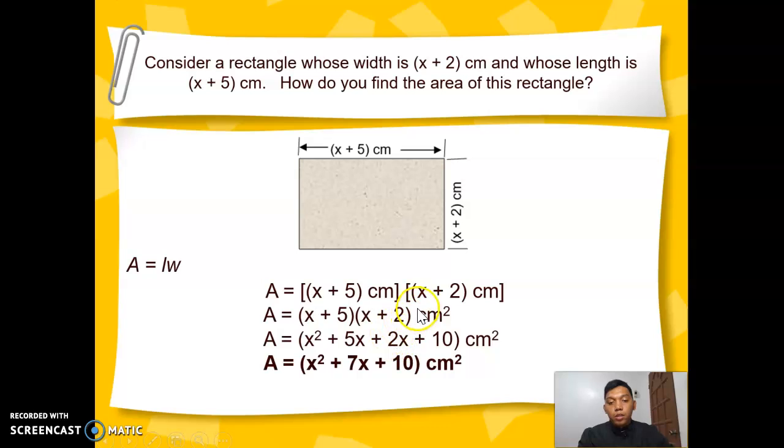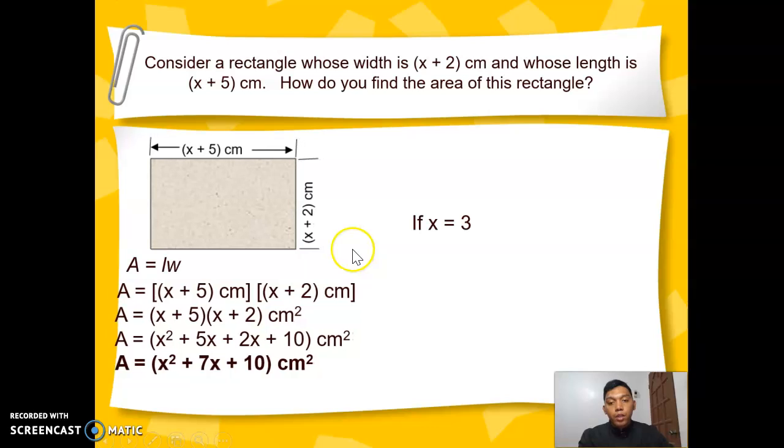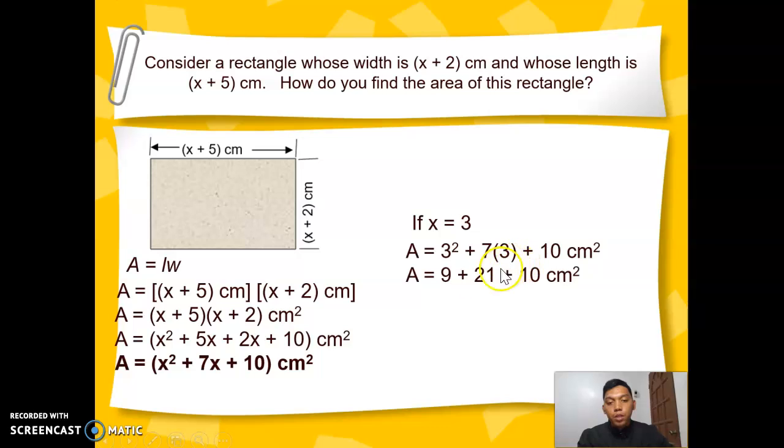alright? So in this section, if we let some value of x, let's say positive 3, and then we substitute it in this equation, basically that's x squared, so 3 squared, plus 7 times 3 plus 10.